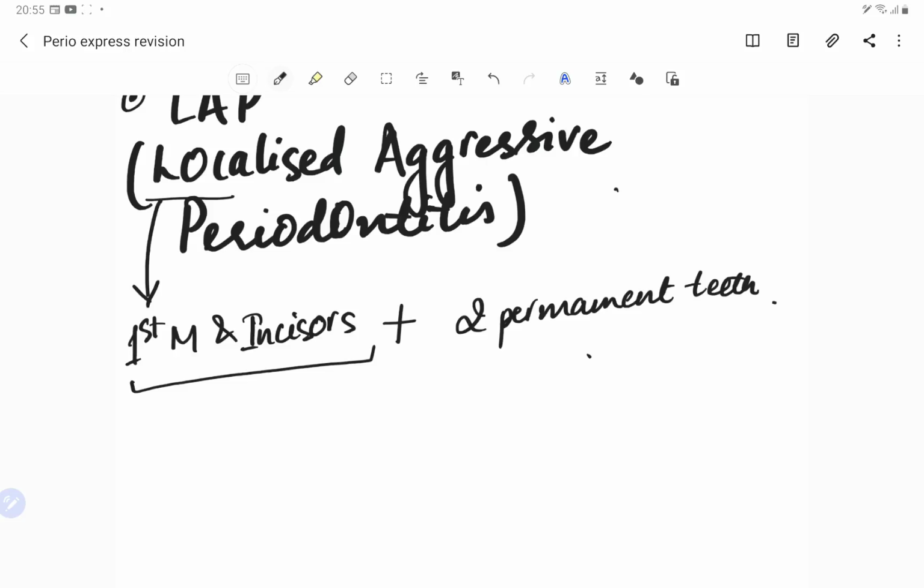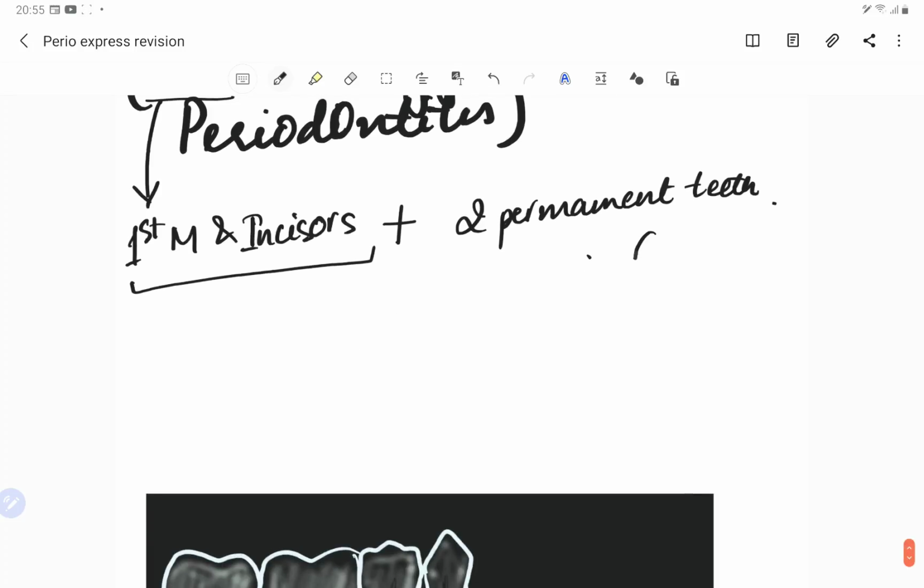So A. actinomycetemcomitans loses its toxigenicity after a certain time period. Once it affects the molars and incisors, the host immunity starts taking action and fighting the bacteria, and after some time it loses its ability to destroy the tissues, so it loses its leukotoxin producing ability.